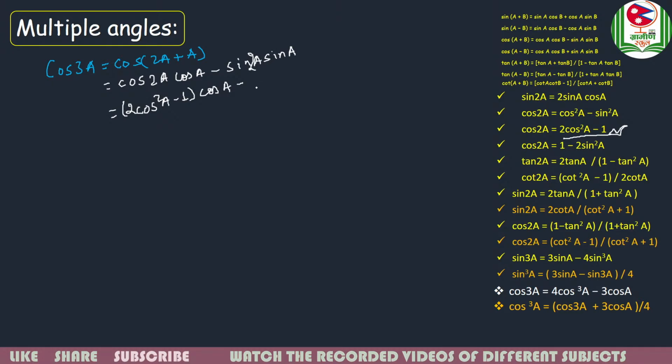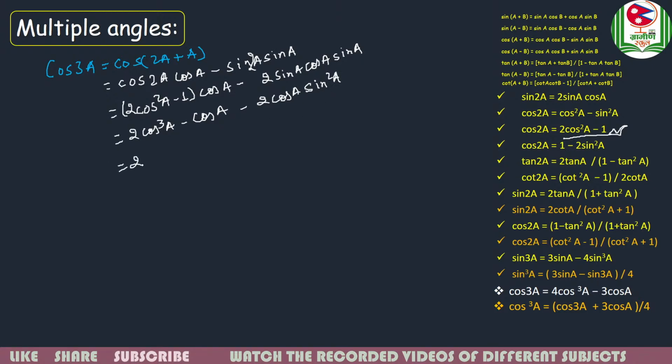And this sin 2A can be written again as 2 sin A cos A into sin A. So for simplifying, we can write 2 cos cube A minus cos A, and then minus this can be written as 2 cos A into sin A into sin A, that is sin square A. And this sin square, again we have to express in the form of cos.